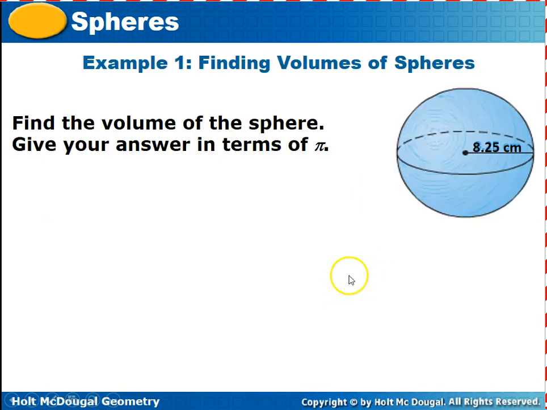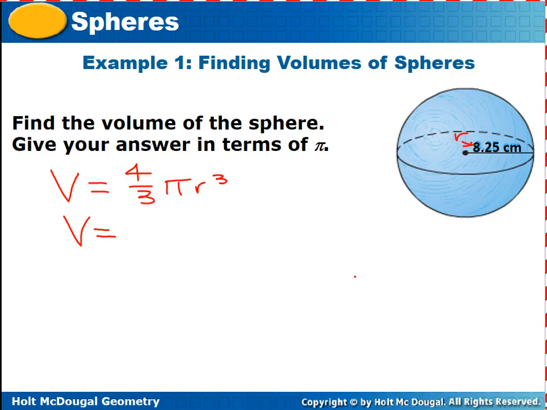So let's go ahead and use this formula now. So we have r in this problem, and this is our r right here. Our radius is 8.25. So the way I do this is I say volume is equal to, the equation is 4/3 pi r cubed. Now I'm going to show you the way I would put it in the calculator and how I would do it there.